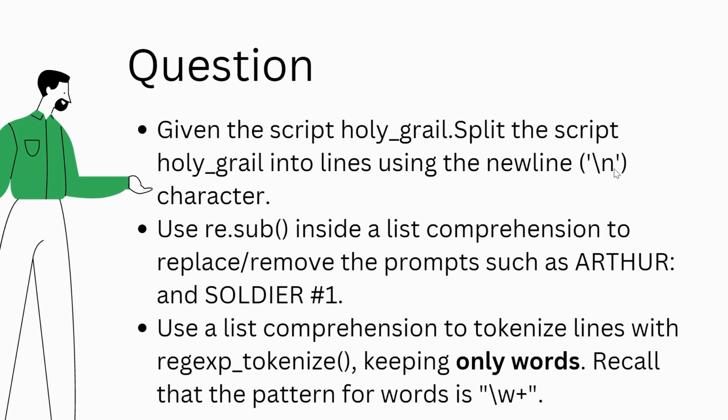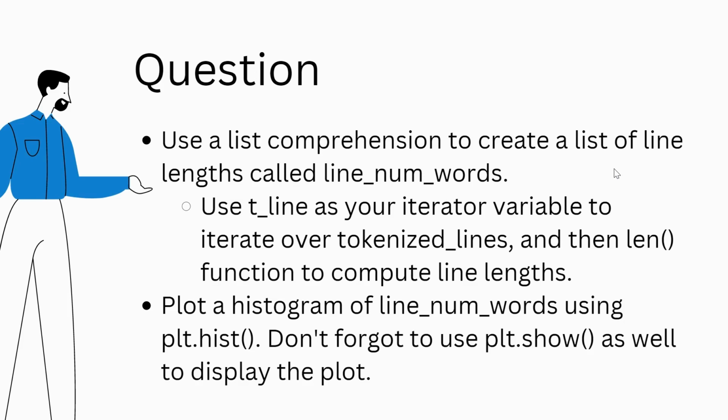Recall that the pattern for words is \w+. Then the fourth part is to use a list comprehension to create a list of line lengths called line_num_words. Here, use tline as your iterator variable to iterate over tokenized lines, and then use the len function to compute the line lengths.